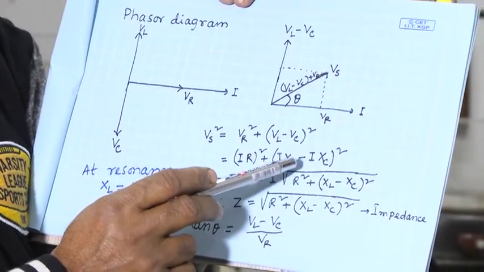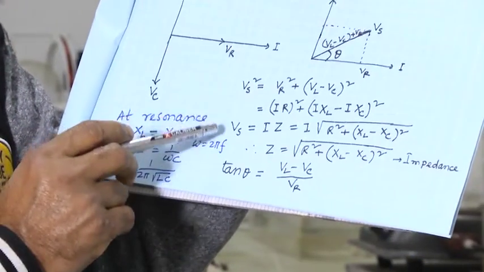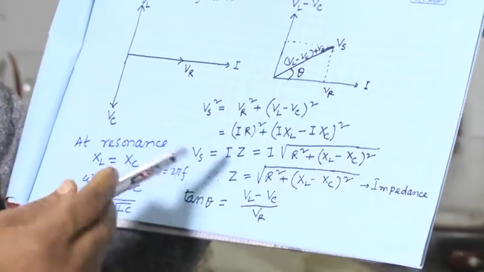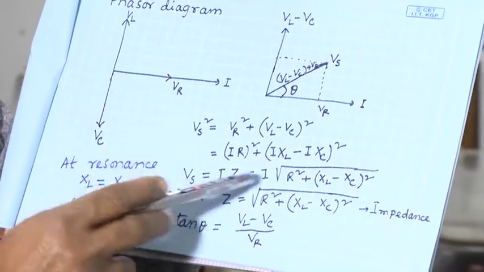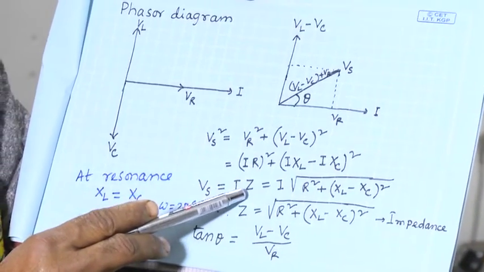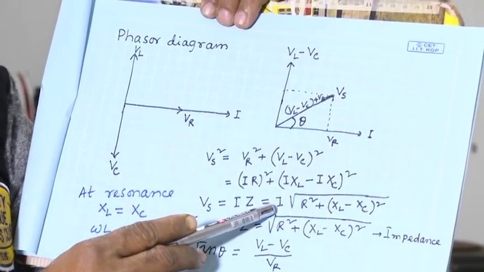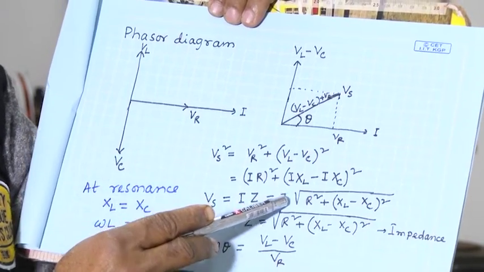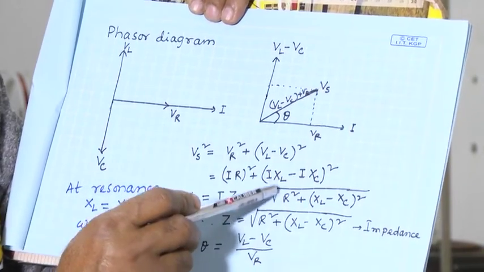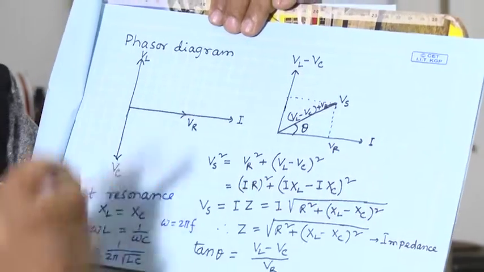So (I XL minus I XC) whole square. If the total resistance in this circuit, called impedance, is Z, and the current flowing in the circuit is I, then Vs equals I Z, where Z is the impedance, equivalent to the resistance in the circuit. So from here, Z equals the square root of R square plus (XL minus XC) whole square, right.